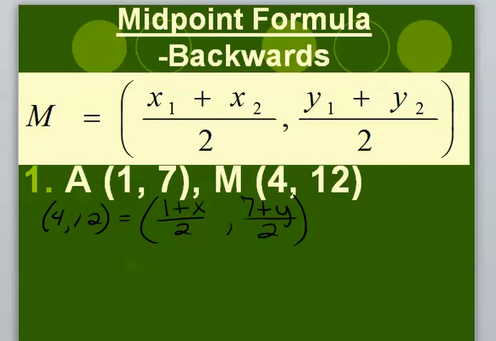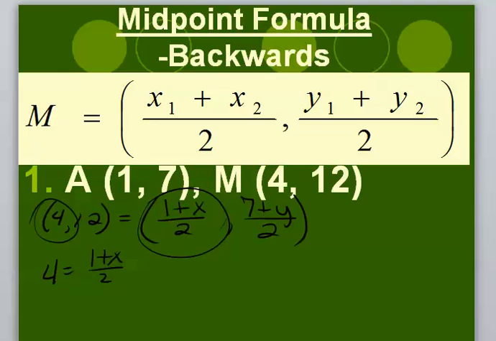We're going to take this problem and break it into two parts. When we add our x's and divide by 2, that gives us our x value from our midpoint. So I know that I get 4 when I do (1 plus x) divided by 2. And we're going to solve this equation. We're going to solve for x. The first thing I want to do is get rid of divided by 2.